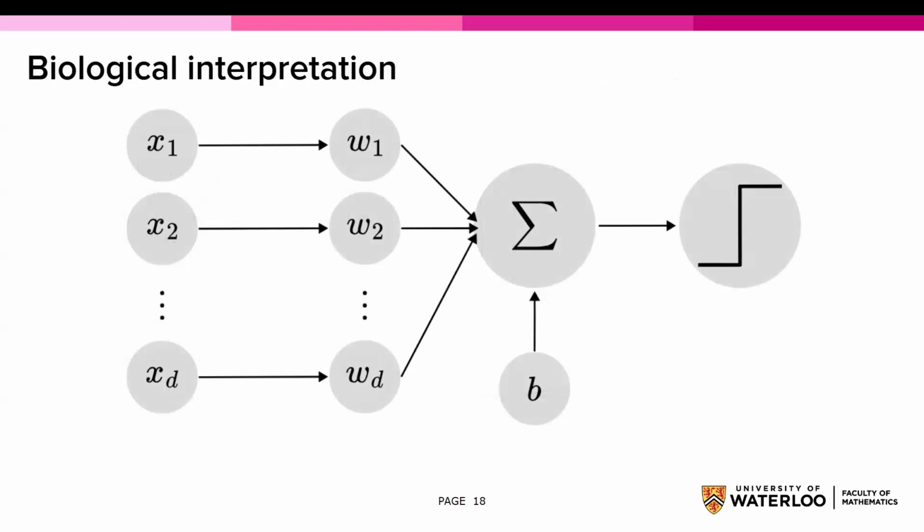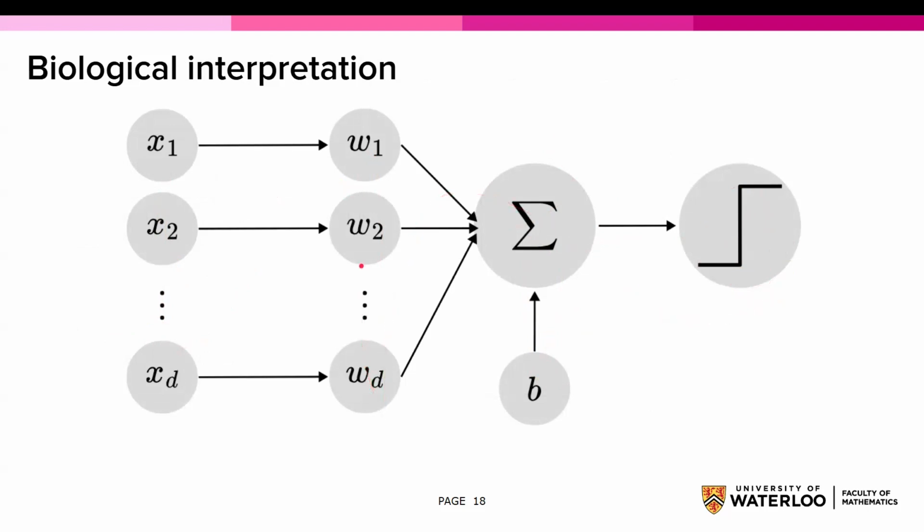The model can also tie back to the way we think about how neurons work in the brain. So for a sample characterized by its features x1 through xd, we scale each of these by their relative weightings, W1 through WD, and then sum these all up together with a bias. We then run this through a thresholding function, indicated by this block here, to get the predicted label for the sample class.